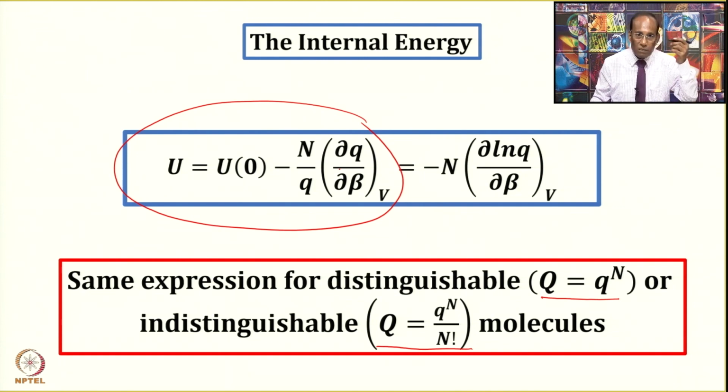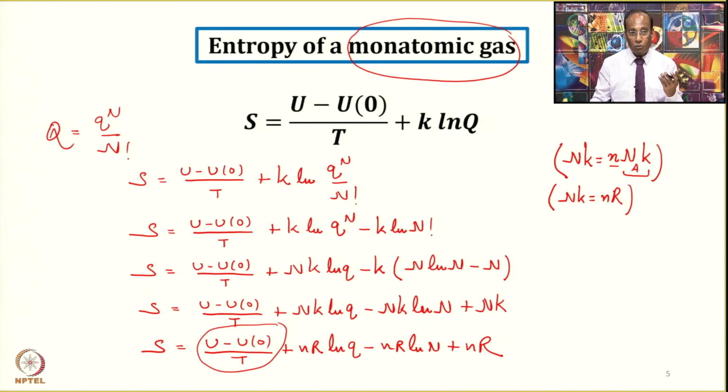Then we can express it in terms of the molecular partition function, write the expression for Q and come up with the result. You are still going to get 3/2 nRT. You can do it, or let us for the time being use the result from the equipartition theorem.